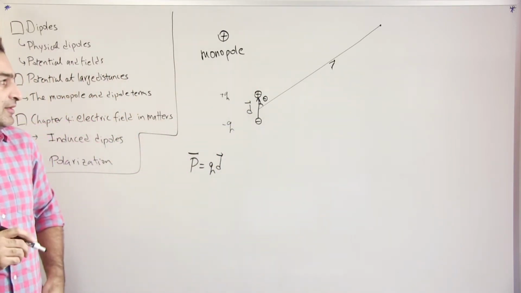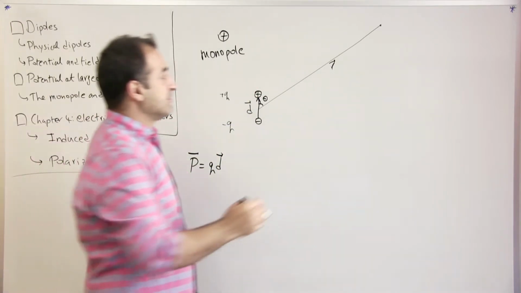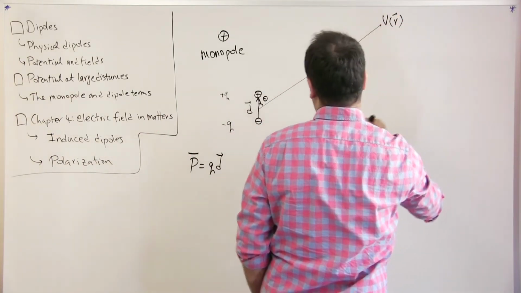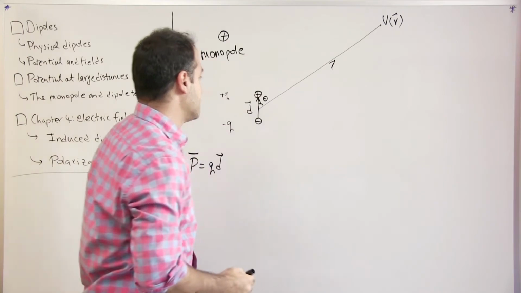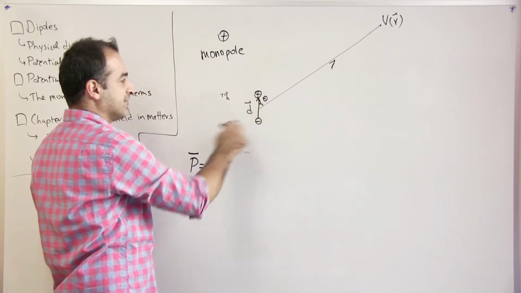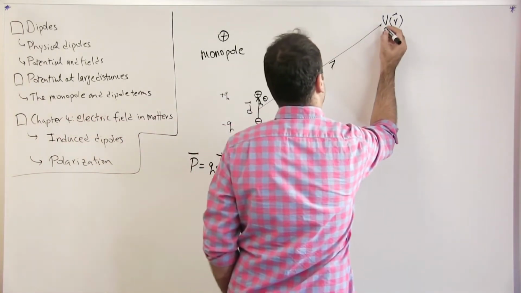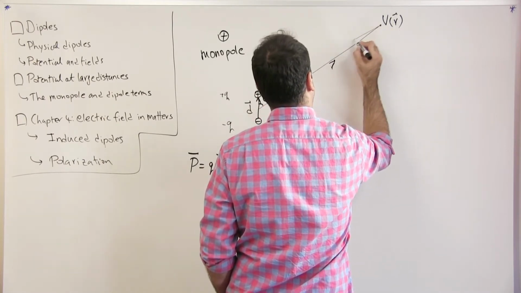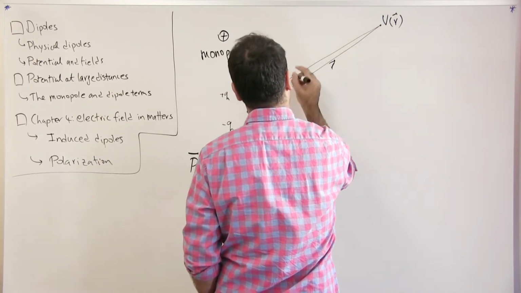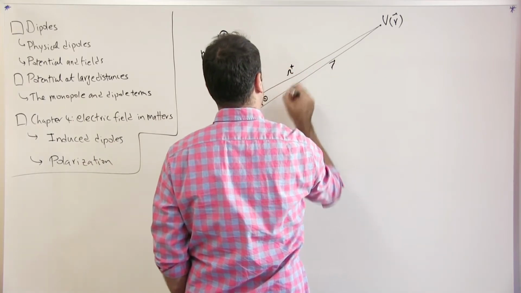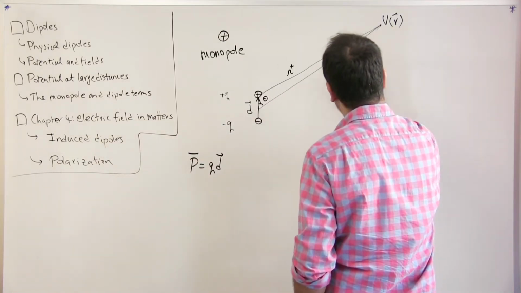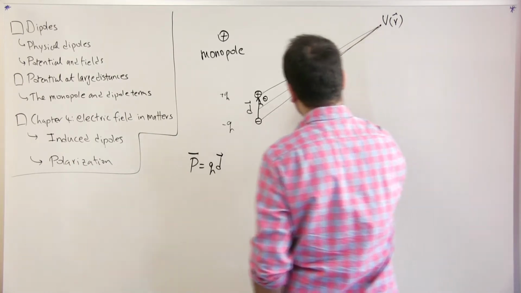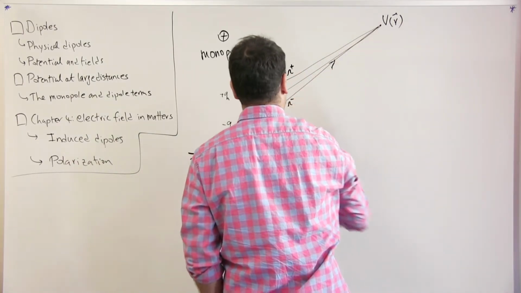Without approximation, the potential at this point, V of r, is the potential created by this positive and this negative charge. We have the distance from the positive charge to the point as r plus, and let's assume the distance from the negative charge to this point is r minus.